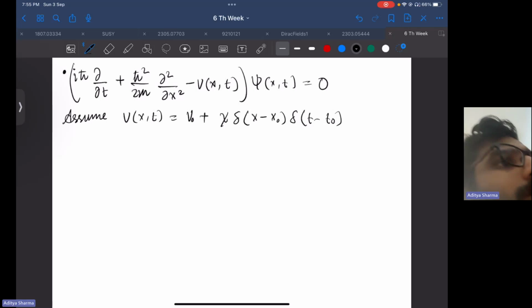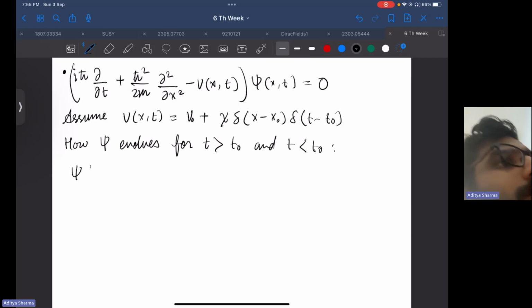So we want to find how psi evolves for t greater than t naught and t less than t naught.